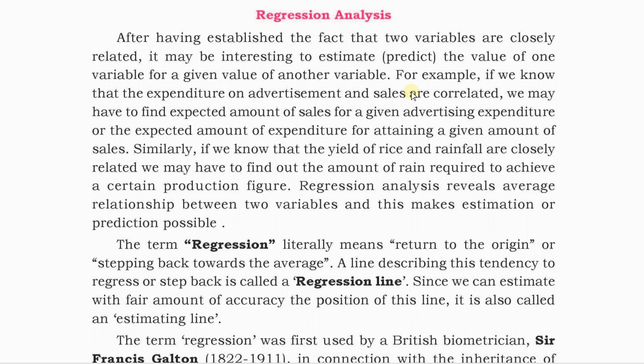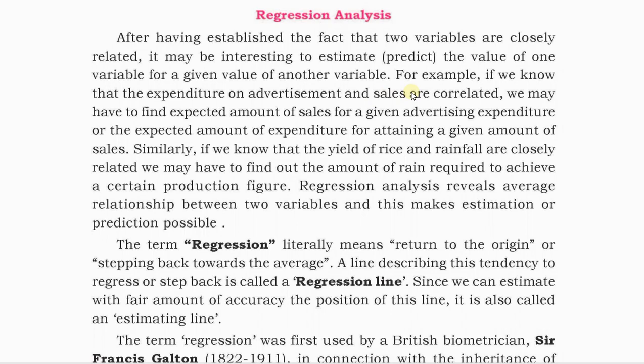So what he will do is he will try to predict, if I want this much of sale, then how much expenditure I need for advertisement. Now here what you are trying to do is predict or estimate the value of one variable while keeping the other in mind.